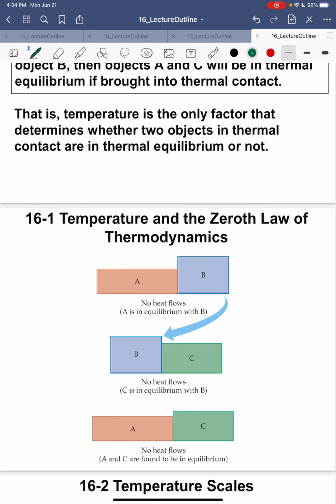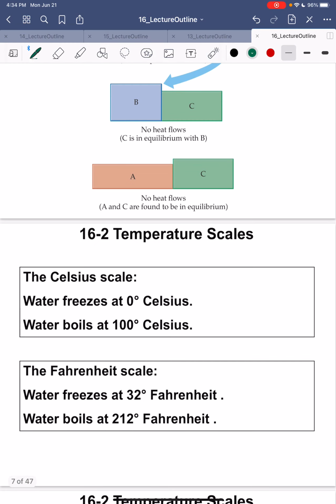Now, A and B, no heat flows. Well, then we can say that A is in thermal equilibrium with B, and then also we know about B and C that there is no heat flow, which means C is in thermal equilibrium with B. Then I can say that A and C are at the same temperature, or they are in thermal equilibrium, because no heat flows.